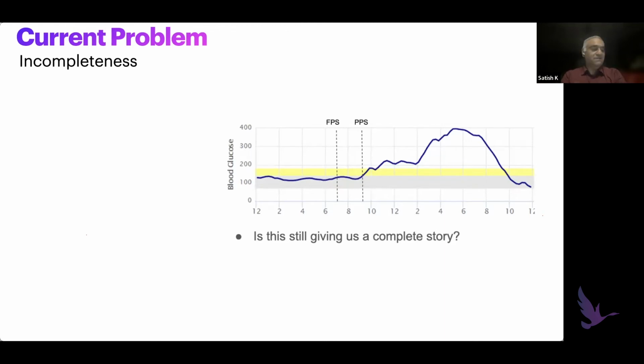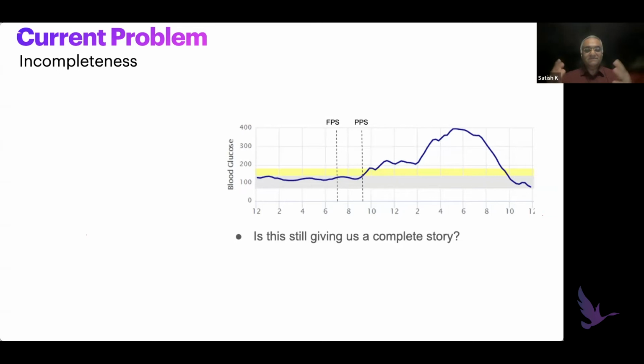And still, is it a complete picture? Unfortunately not, because this is one day of a person. Doesn't mean that all days are like this. So how do you solve this problem when there are different graphs on different days of the patient?